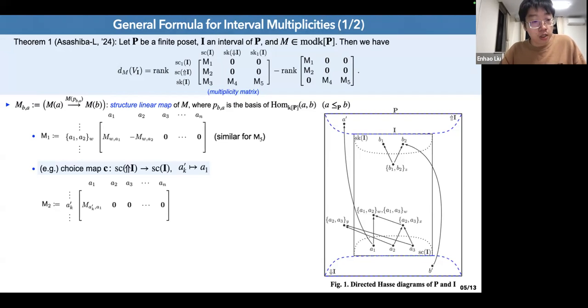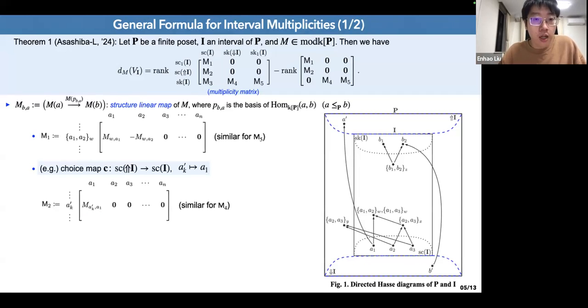We put this structured linear map at the AK prime, A1 entry, and other entries on this row are zero. This is how we construct M2. Similarly, we construct M4; they are just dual, but with columns in M4.